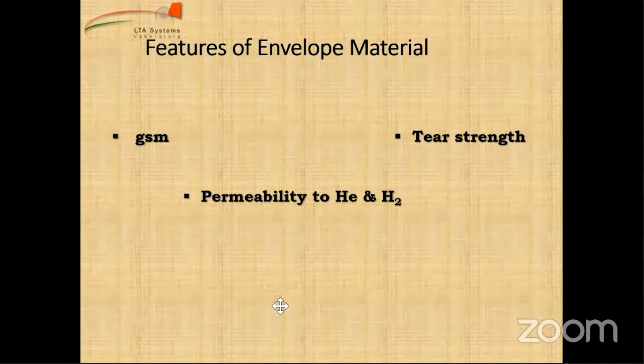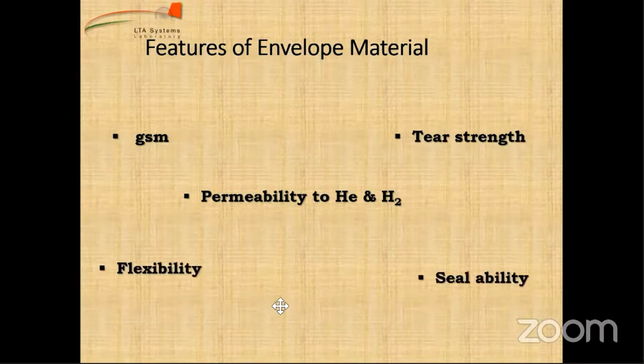Able to pass through. Able to pass through of helium or hydrogen, correct? Then flexibility and sealability. These are the 5 features of the envelope material that we need to consider while selecting the material for our envelope.